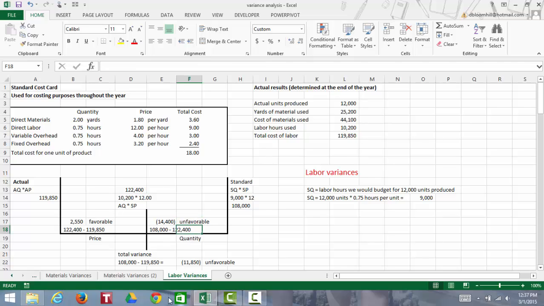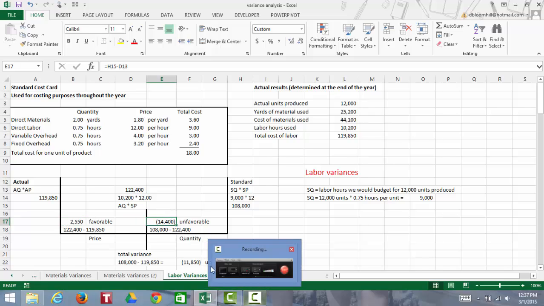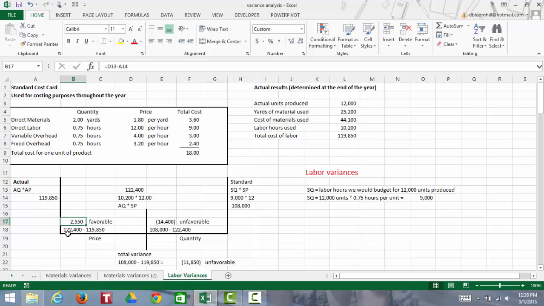And in this case, you're going to notice that 2,550 minus 14,400 gives us a negative 11,850. So what do these variances mean? The unfavorable total variance means that we spent more on labor than we expected.